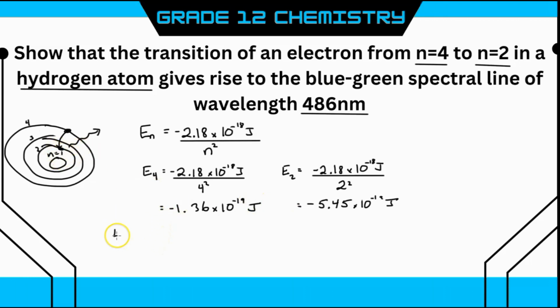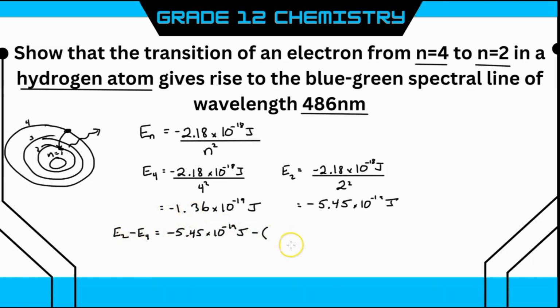So we're going to do E2 final. That's our final state because we dropped to 2. Minus our initial state, we were originally at 4. So we have minus 5.45 times 10 to the minus 19 joules minus, right, the difference. Difference means to subtract.